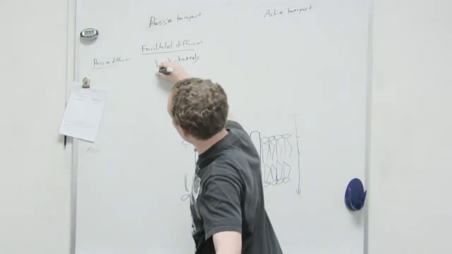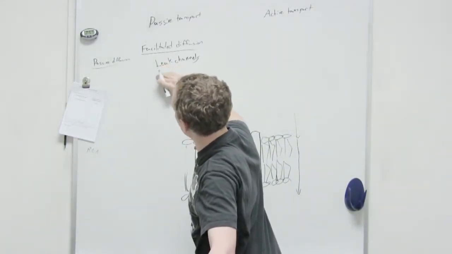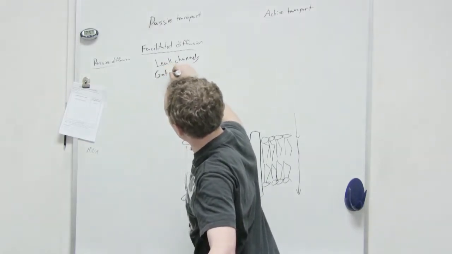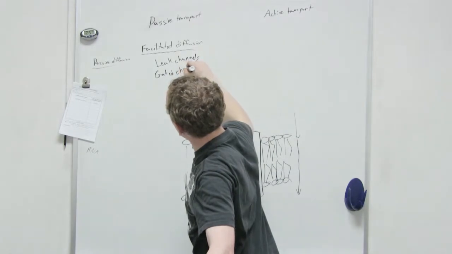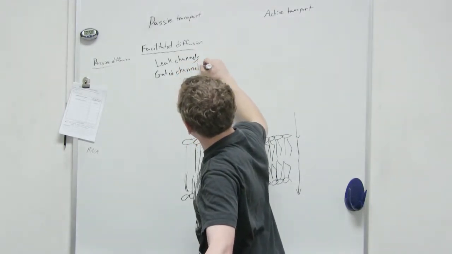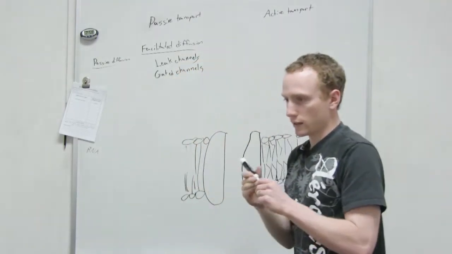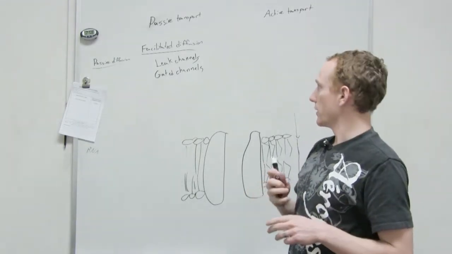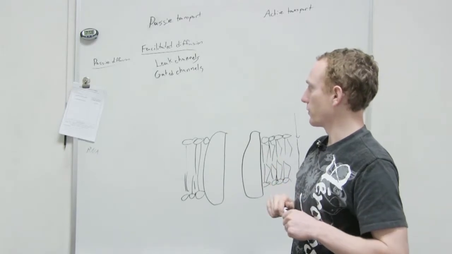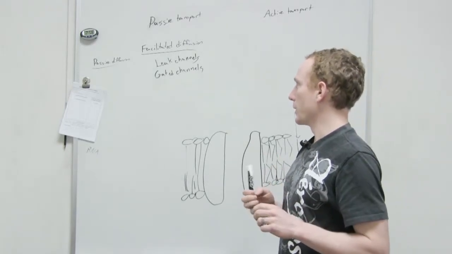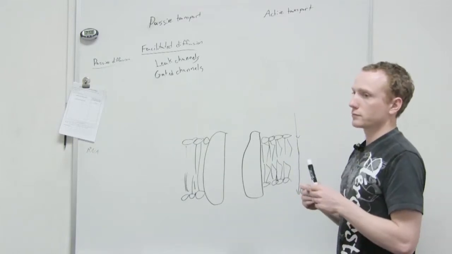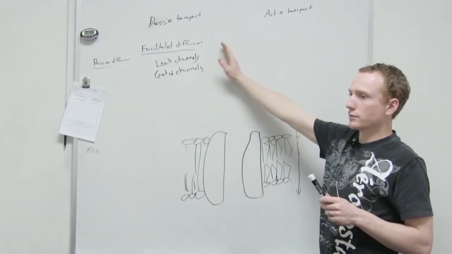Then group all of them together: gated channels, like voltage gated and ligand gated channels, right? And I think those are the only ones that you have to talk about. But yeah. Okay.